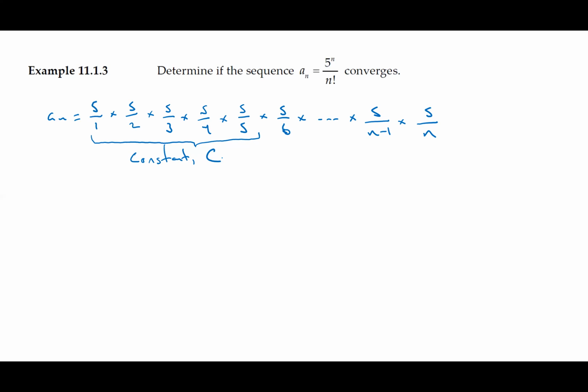And these terms are all less than 1, which means as a product, those terms are decreasing in value, right? And so what I can say is that these are all less than or equal to C times whatever that last term is, 5 over n. Okay.